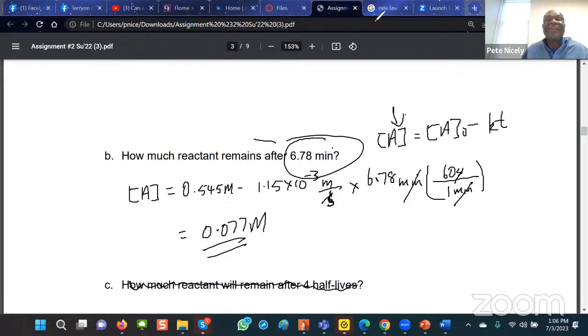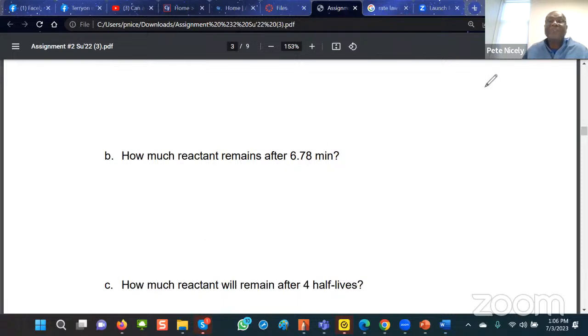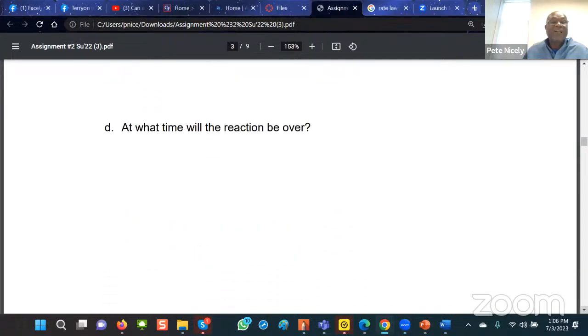All right, so let me get rid of this and scroll down to the D part. Okay, so the question in the D part is, at what time will the reaction be over? And it's actually quite simple. The reaction will be over when the concentration of A is 0, right?